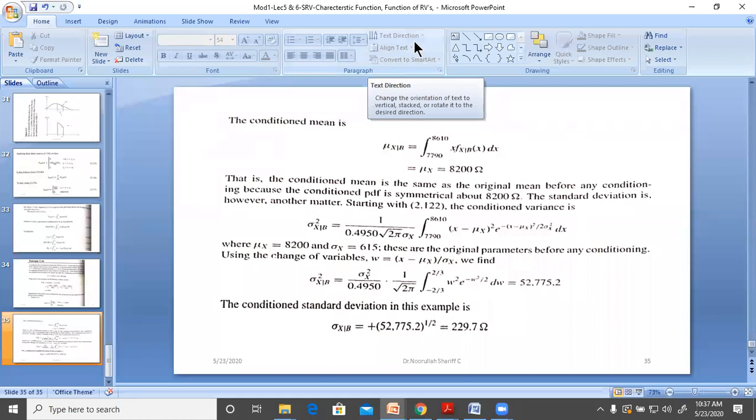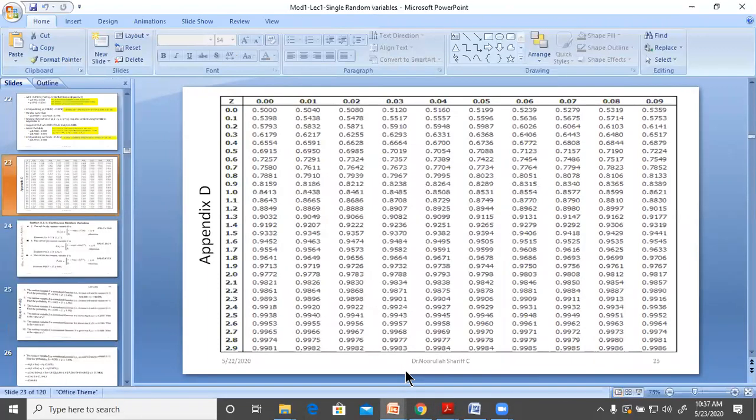If you have any doubts, try to solve that and check whether you're getting it. Write down 615 squared divided by 0.4950 multiplied by 0.7454 minus, is it 0.7454? Let me go back to the table.